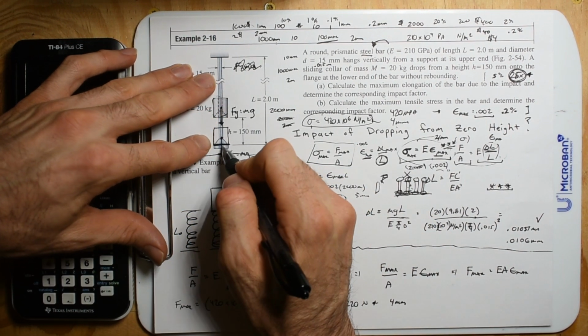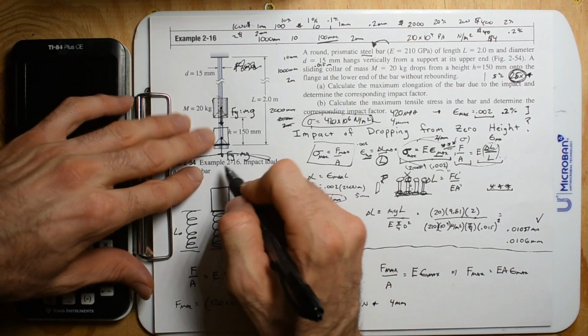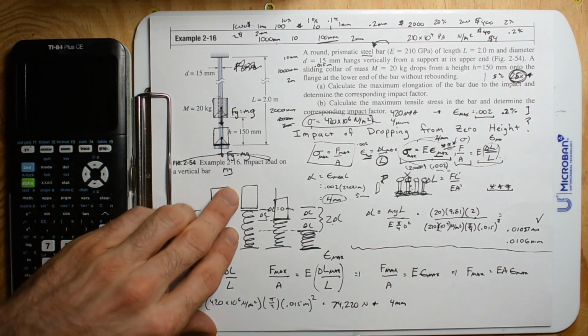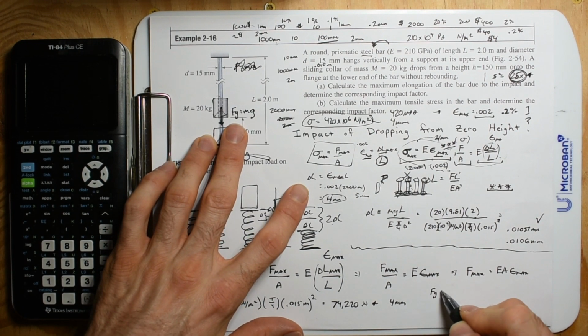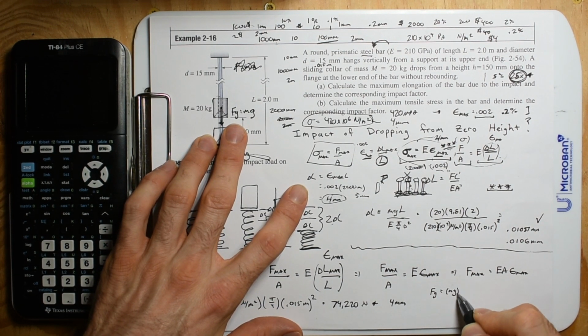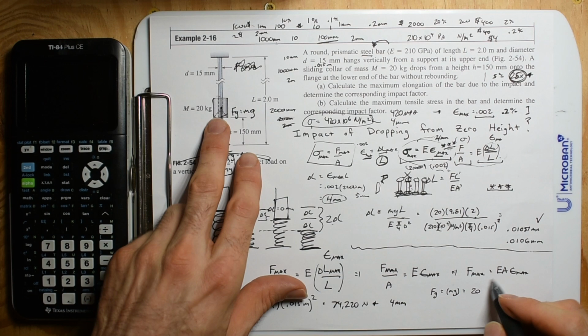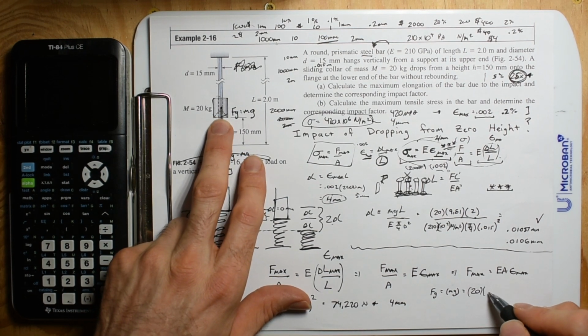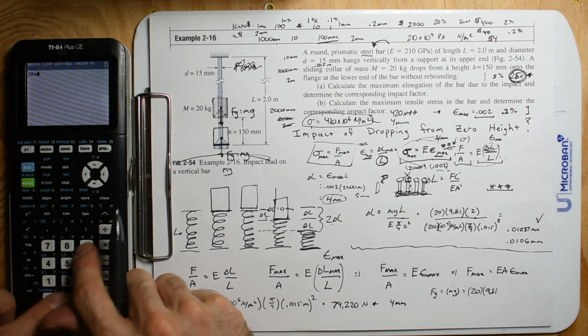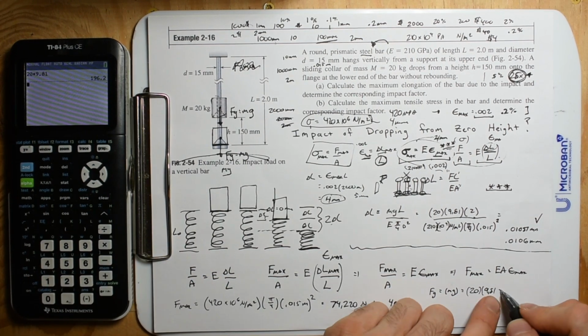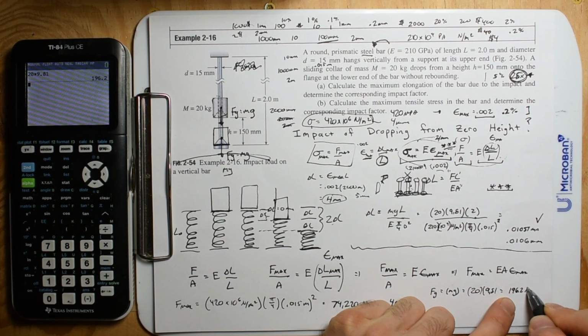And so for the spring, the only force the spring feels is that mg. Let's determine what that force is. Force of gravity is mg. That's going to be that 20 kilograms times 9.81. So we have 20 times 9.81, and we get 196.2 newtons.